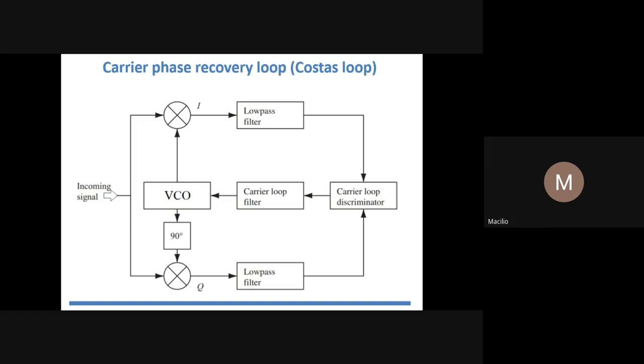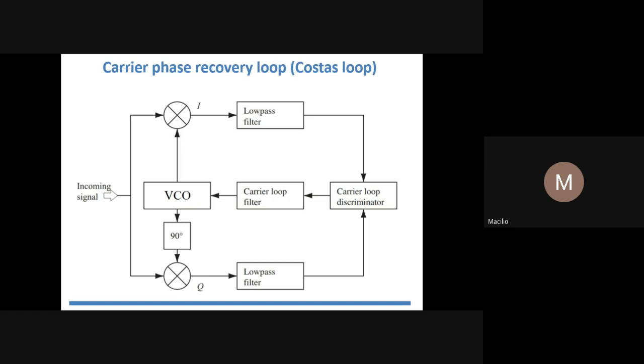Only to illustrate the problem of scintillation, I show in this slide a classical method to recover the phase of the carrier in the GNSS receiver. It's called Costas loop.